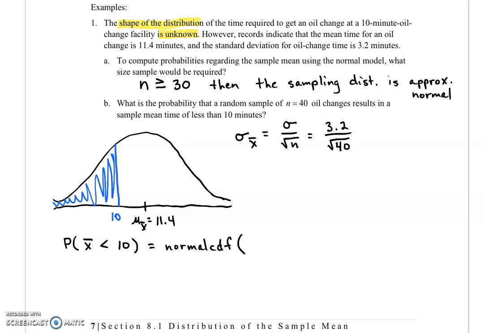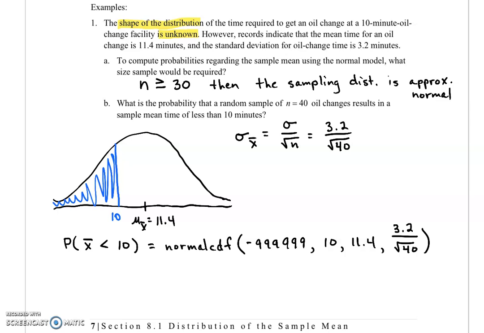Our lower boundary, since it goes all the way to the left, is negative bunch of nines. The upper boundary is 10. The mean is 11.4. And the standard error is 3.2 divided by square root of 40.